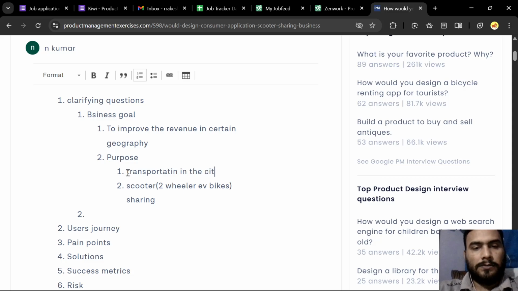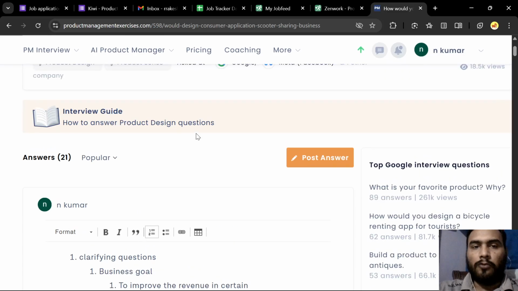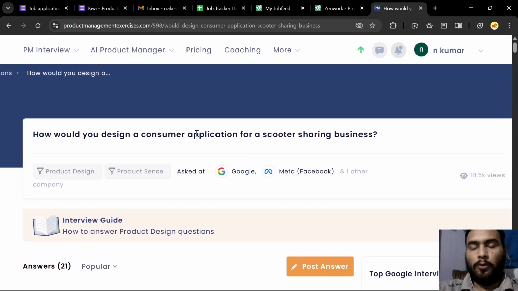in the city. So the problem that we found as a business was that many of the users are looking for a low cost transportation that is very affordable for them and easy to find.